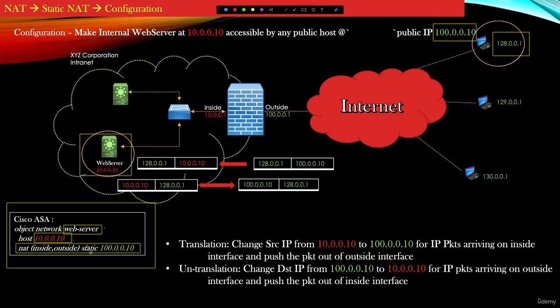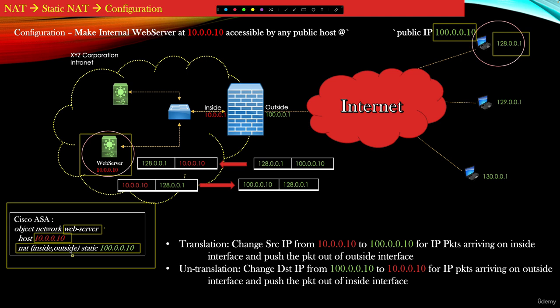Any packet which has a source IP address 10.0.0.10, this source IP address would be translated to 100.0.0.10. This is the semantic of this rule. And after the source IP address of the packet has changed, push the packet out of the interface referred to as outside. So this is the complete meaning of this network address translation line.